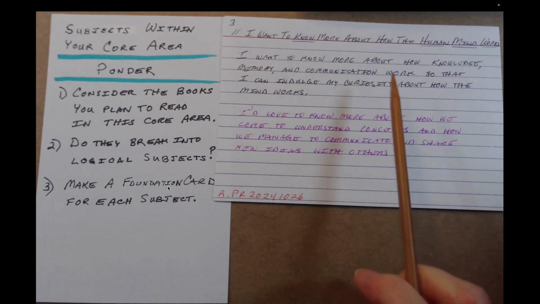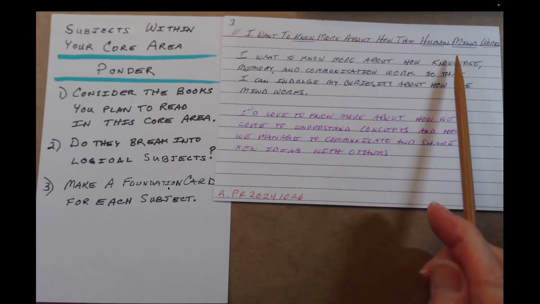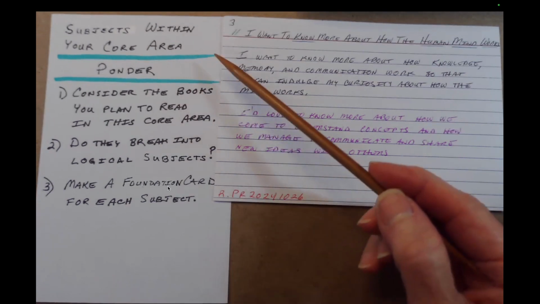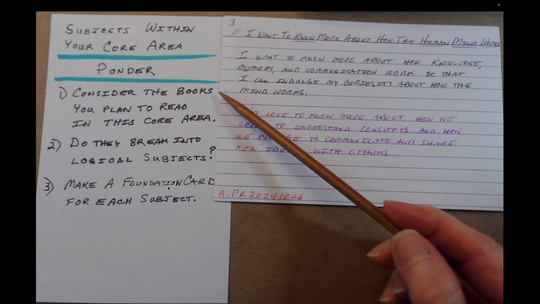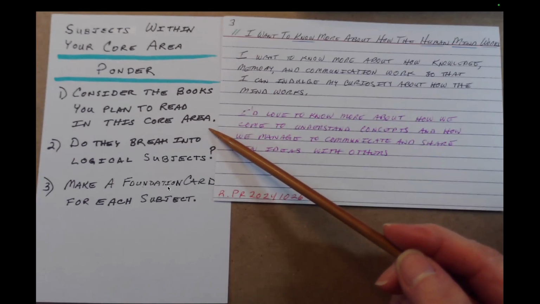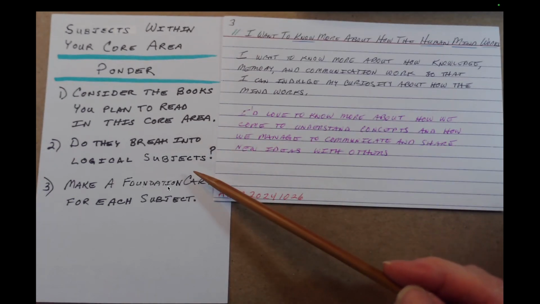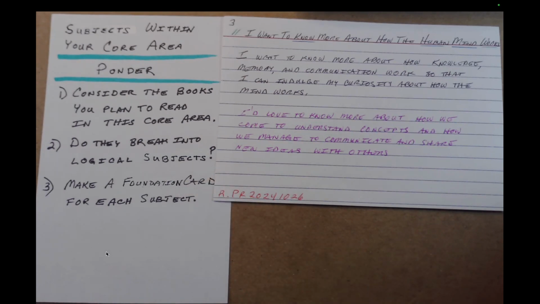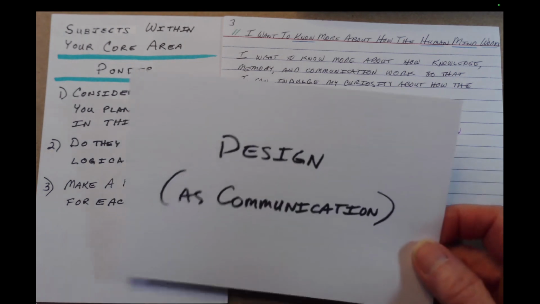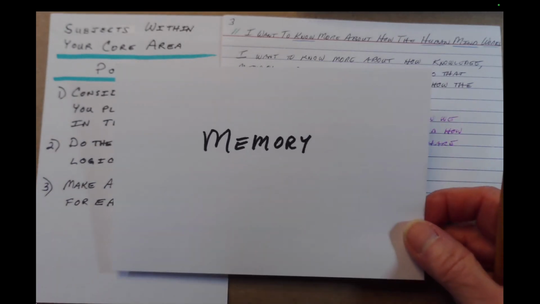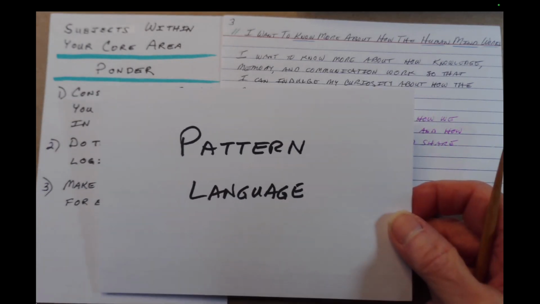Okay, so then for our subject area of how the human mind works, we went through the practice of considering the books that we plan to read in the core area, and we broke them down into logical subjects, and we came up with design, memory, and pattern language.